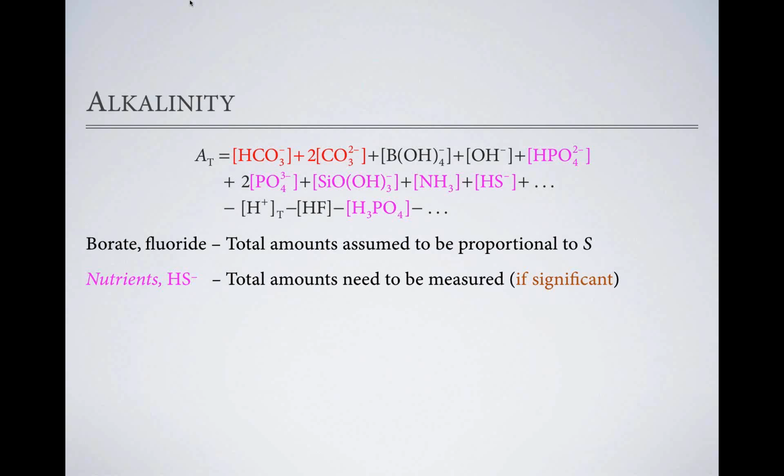Now, the real bugbear for many brackish water people is to worry about the terms that we didn't even write down chemical formulae for. The ones I have with ellipses, the dot, dot, dot. And the largest concern is usually organic acids and bases.